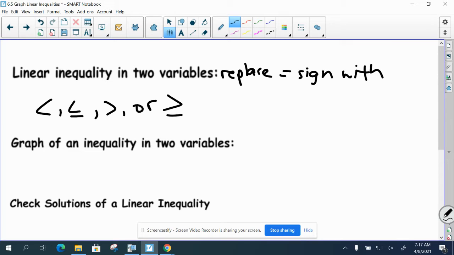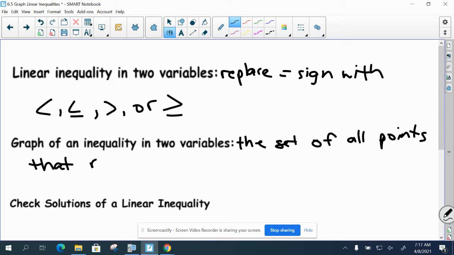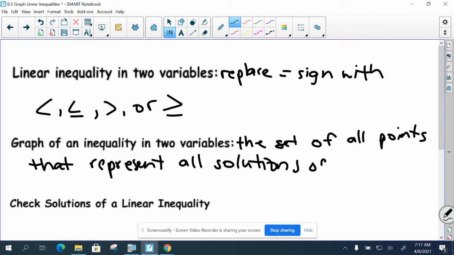And when you graph it, it's the set of all points that represent all solutions of the inequality.